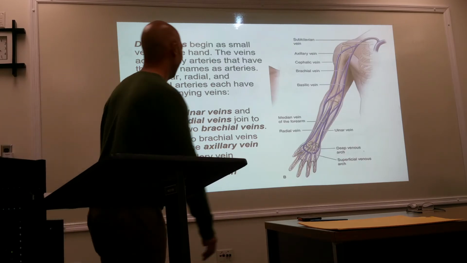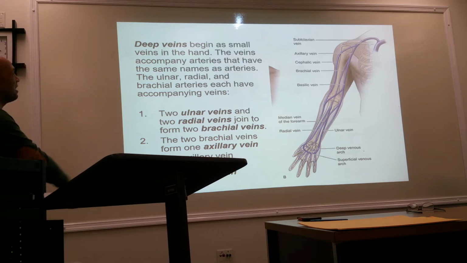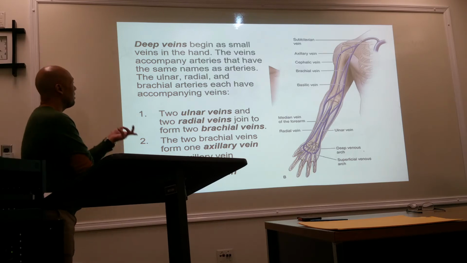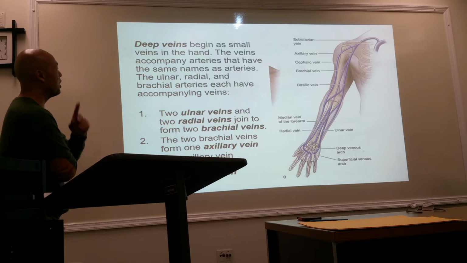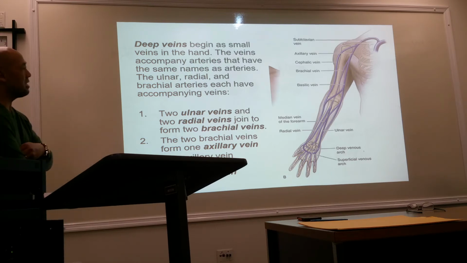All right, deep veins. Deep veins begin as small veins in the hand. The veins accompany arteries and have the same names as the arteries. Okay, we've been through that already. So the ulnar, radial, and brachial arteries each have accompanying veins. We have 2 ulnar veins and 2 radial veins that join to form 2 brachial veins.